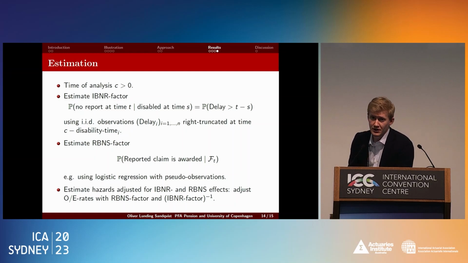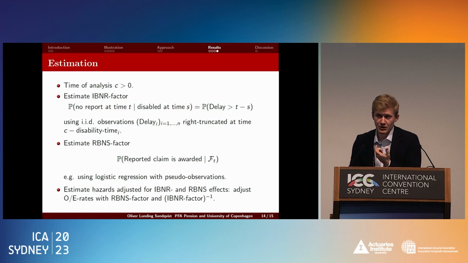Also, you have to scale with this IBNR factor, actually the inverse. So you multiply the exposure with this IBNR factor. Maybe this is also quite intuitive. Where the RBNS effect was to reduce the OE rates, here the IBNR helps you make the ratio larger.